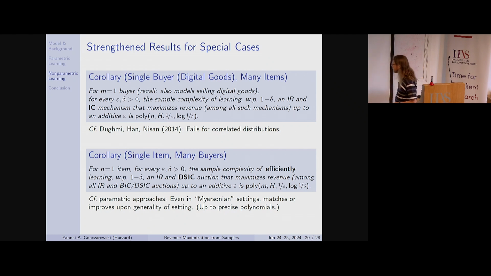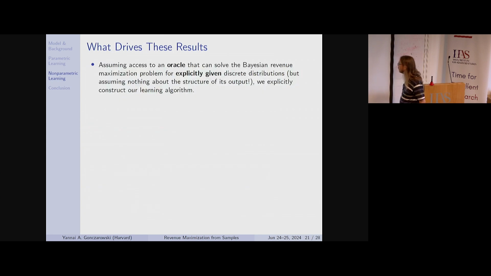Even in these data, up to the precise polynomials, and the precise polynomials are important, we actually qualitatively manage all of the settings that this box manages. So the agnosticism to the structure of the auction doesn't hurt us, at least qualitatively, even in the setting in which we know what the structure of the optimal auction is.